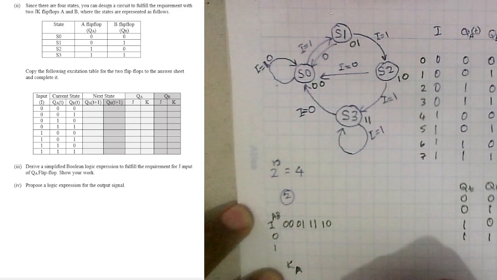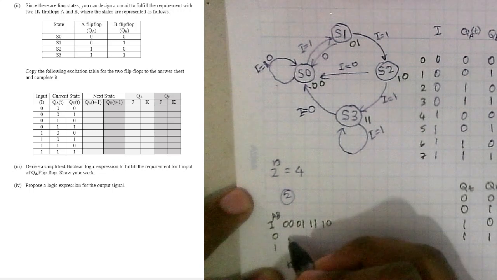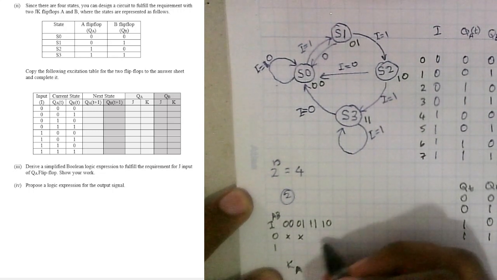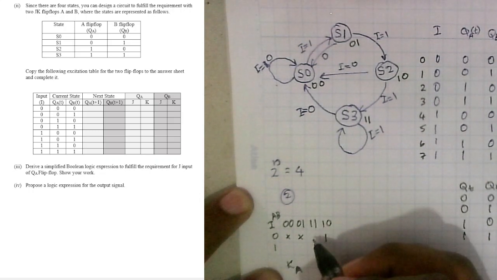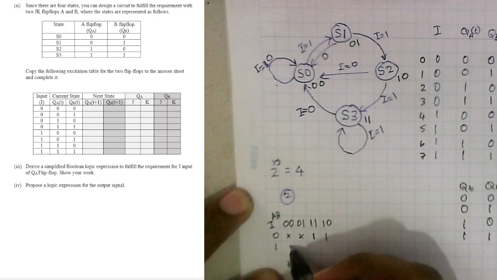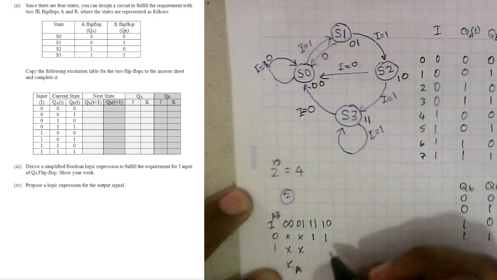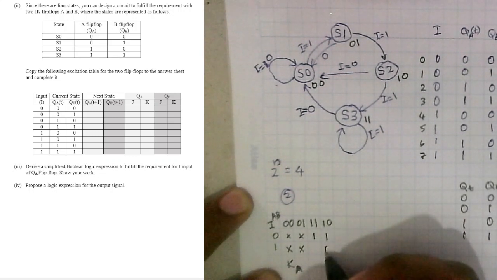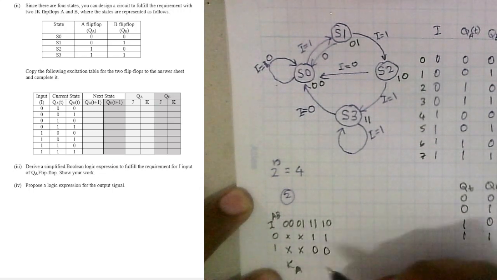First is don't care, or 0, 1 is don't care, then 2 is 1, 3 is 1, 4 is don't care, 5 is don't care, 6 is 0, 7 is 0.